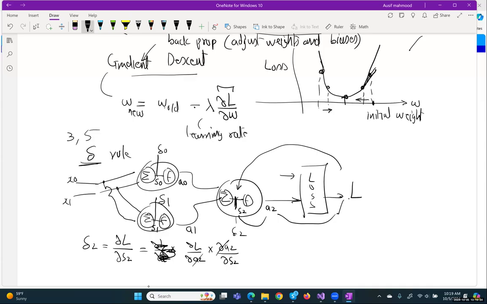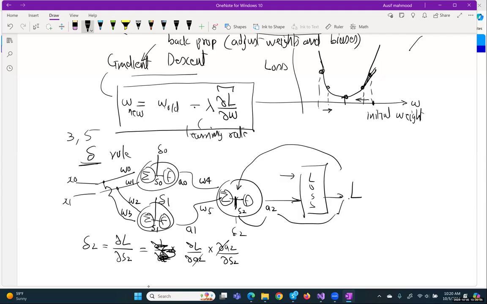Why do we compute the deltas? Because once we have the deltas, let's say these weights are called W0, W1, W2, W3, W4, W5. As we discussed, once we know this delta 2, in the gradient descent algorithm every weight is updated.